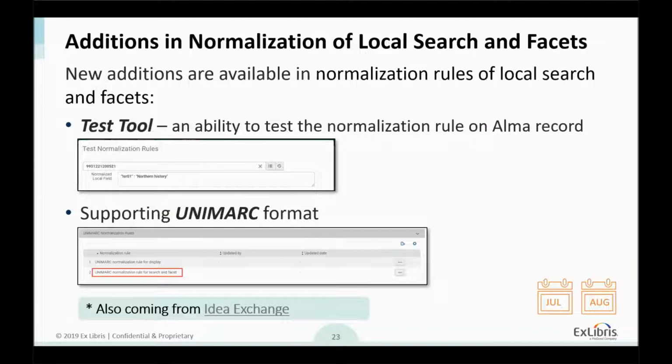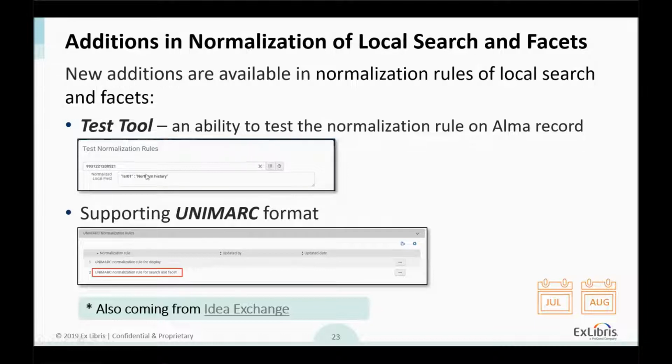And in July, we added the test tool, the ability to test the normalization rule on an Alma record. You can search and select any Alma record, and then you can see how this local field will look after the recalculation of the data.